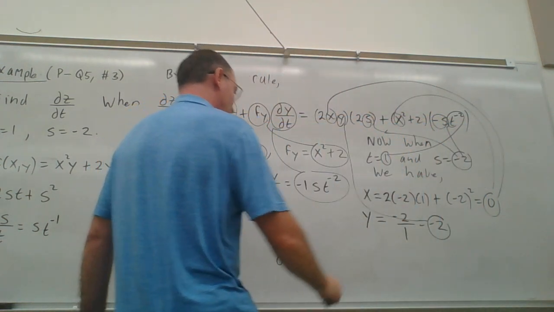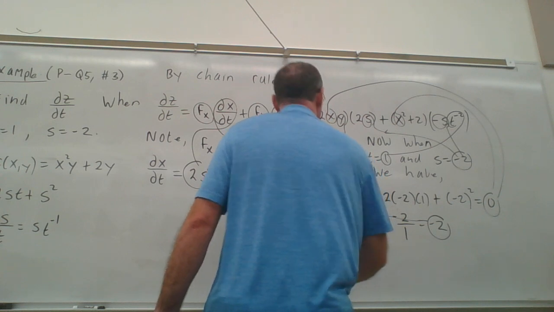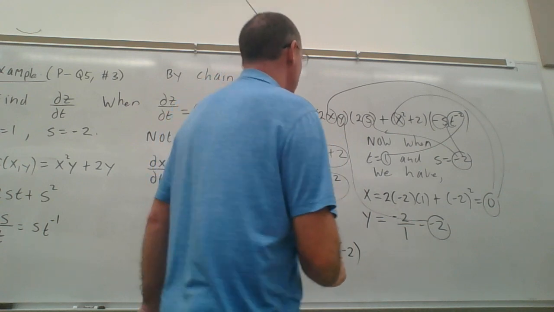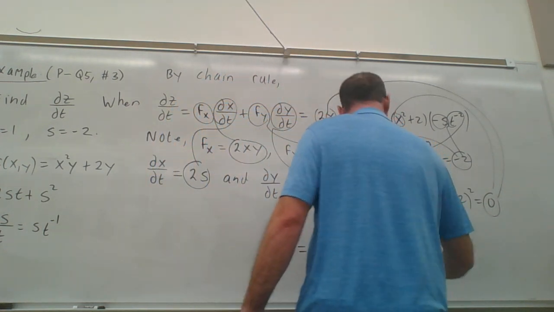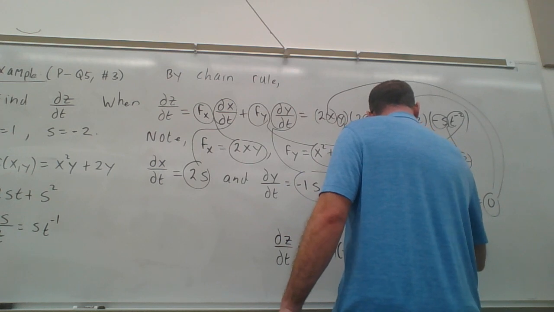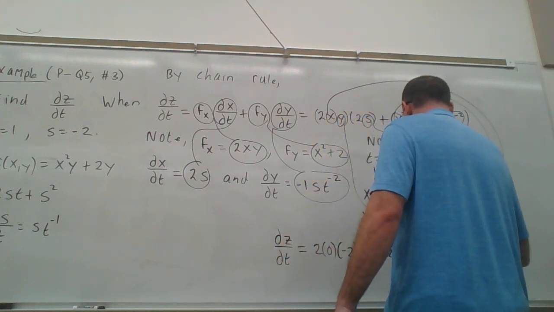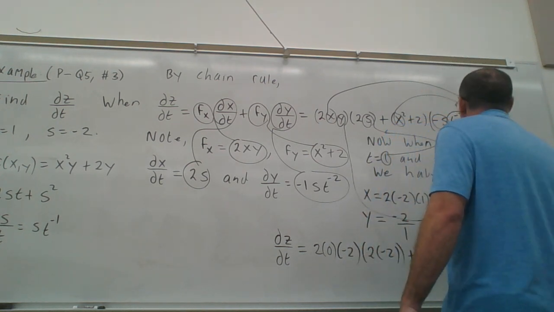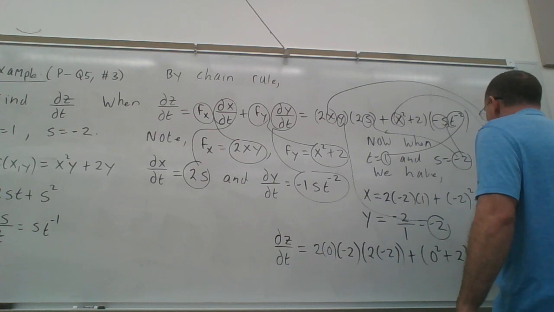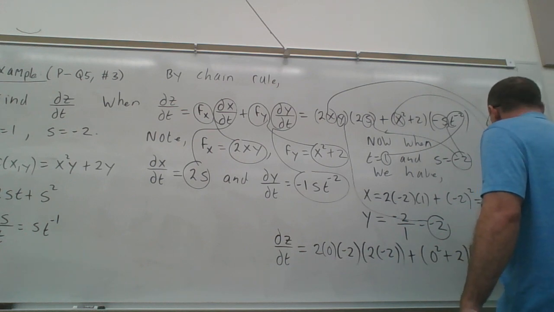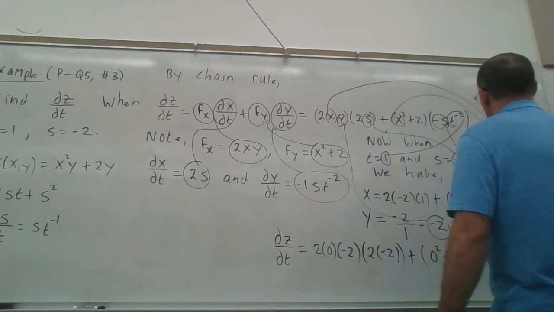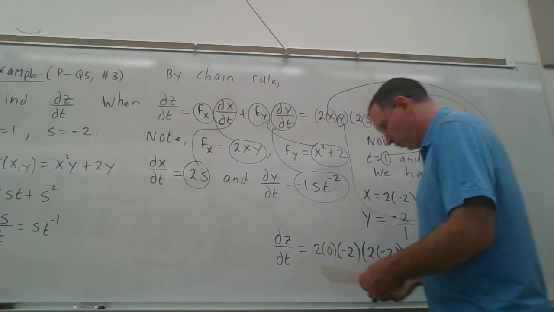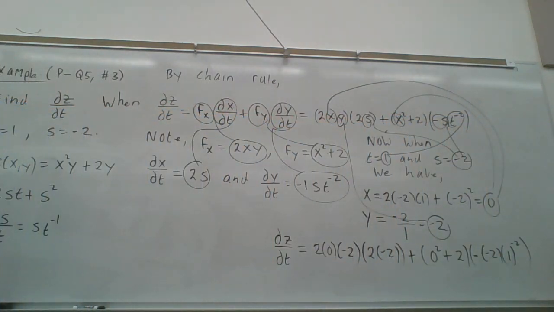So doing that would be 2 times x, so x is 0, times y, which is minus 2, times 2s, s is minus 2, plus x squared, x is 0, plus 2, times minus s, s is minus 2, so minus minus 2, times t, so t is 1, t to the minus 2. So like that.